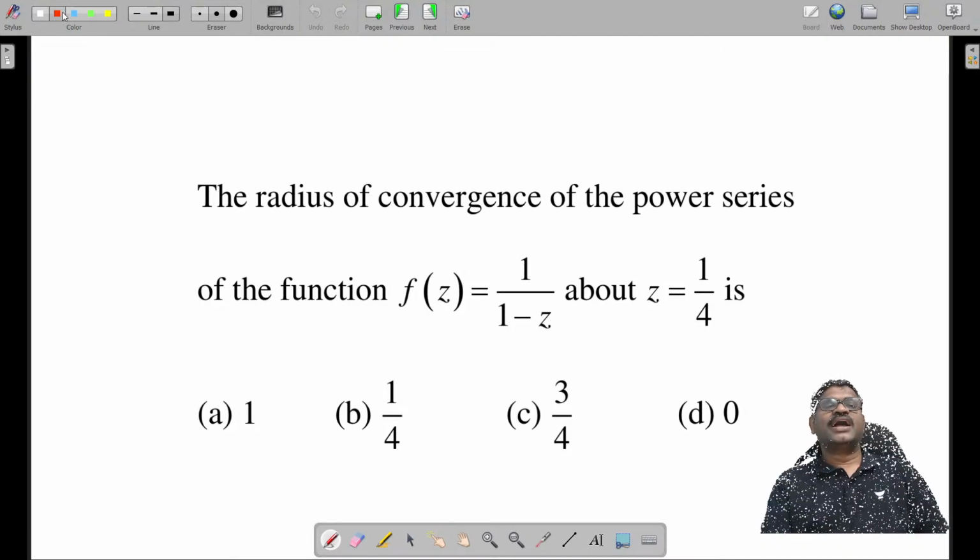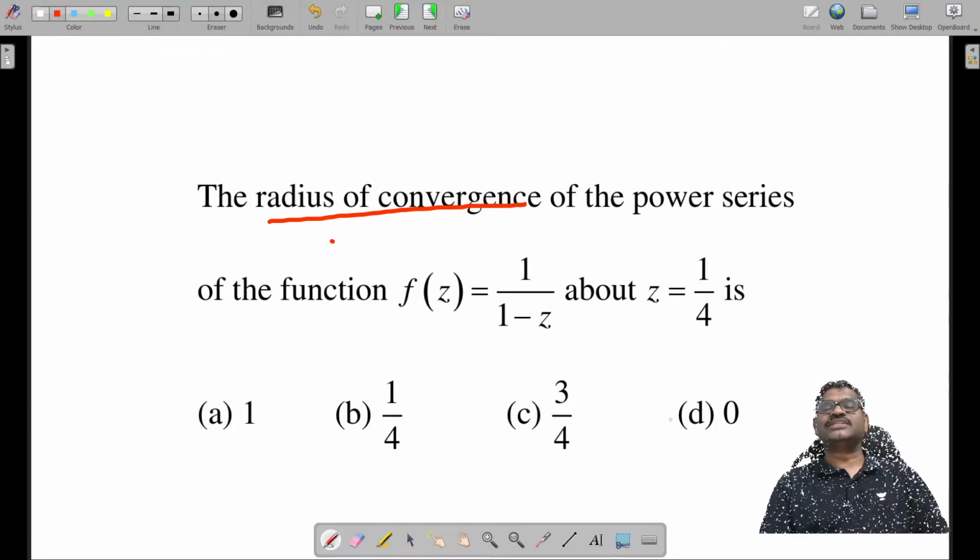Observe. 1 by 1 minus z about z equal to 1 by 4. We have to find out the radius of convergence. See, radius of convergence is nothing but the shortest distance between z naught and the closest singular point.